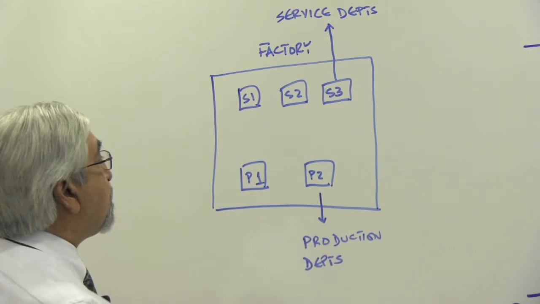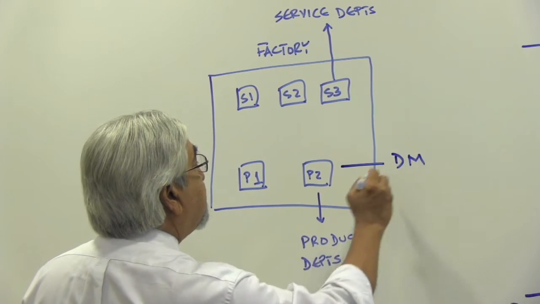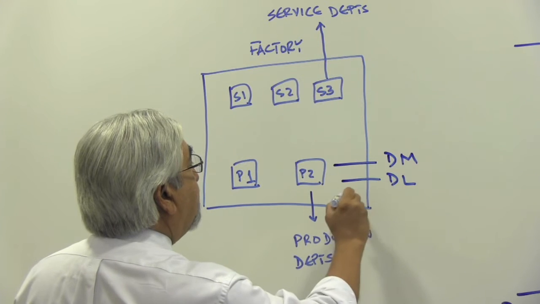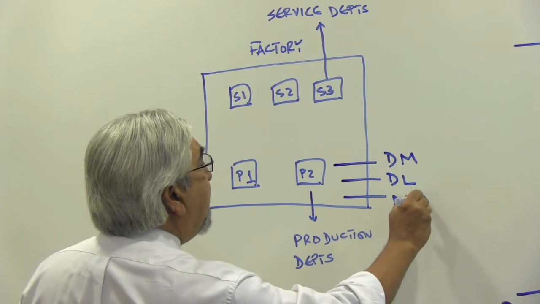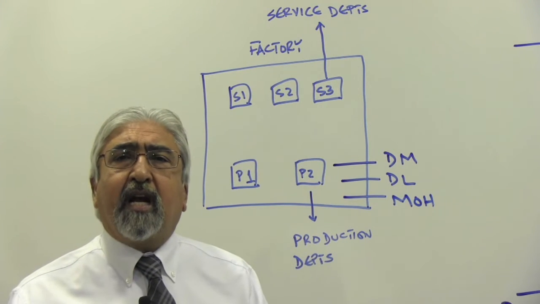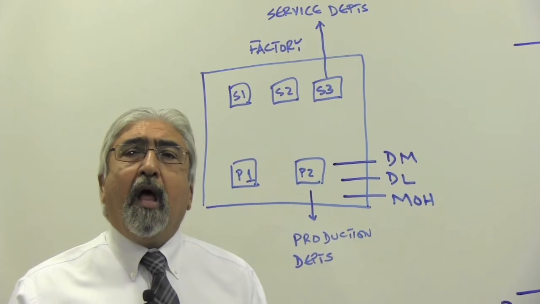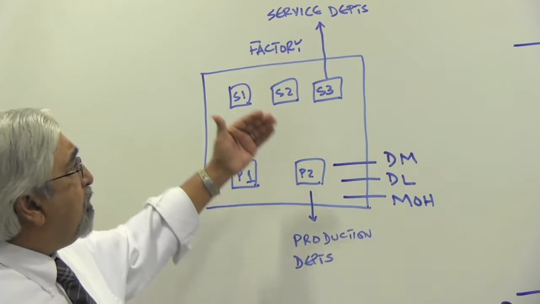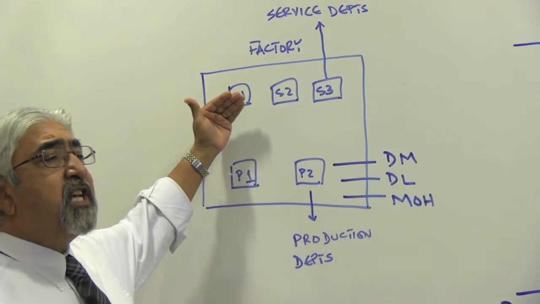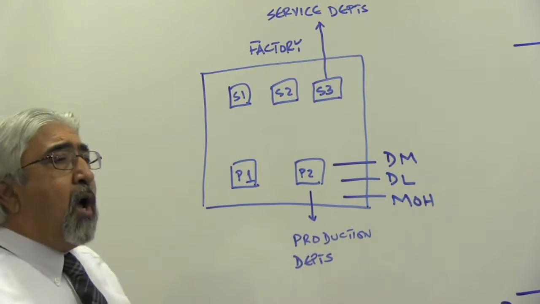Now, obviously, the costs incurred in the production departments are production costs. What do they consist of? They can consist of direct materials, they can consist of direct labor, and they can consist of manufacturing overhead incurred in the production department itself. Now, what about the costs incurred in the production service departments, not the production departments themselves?